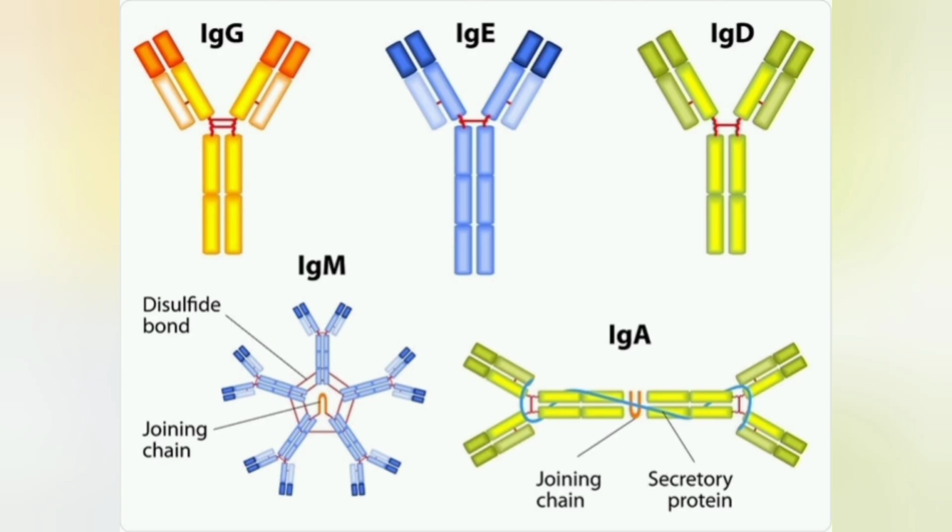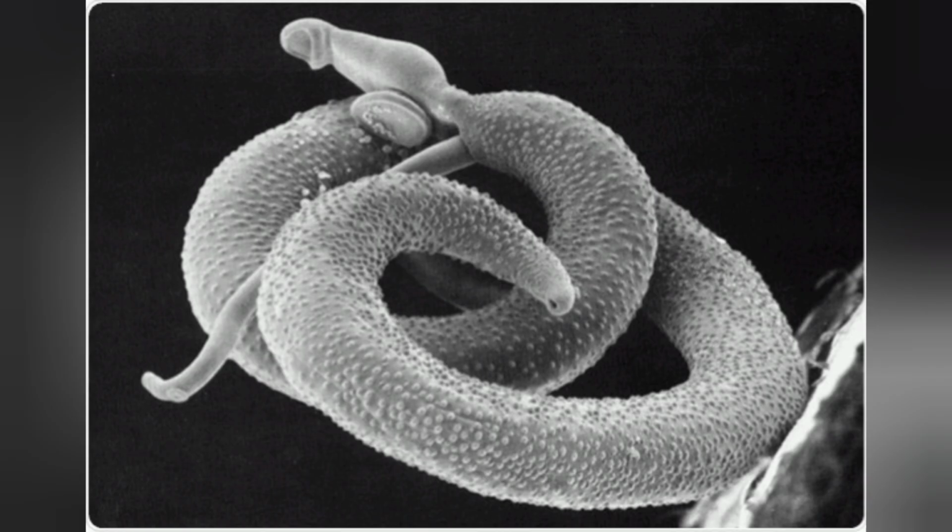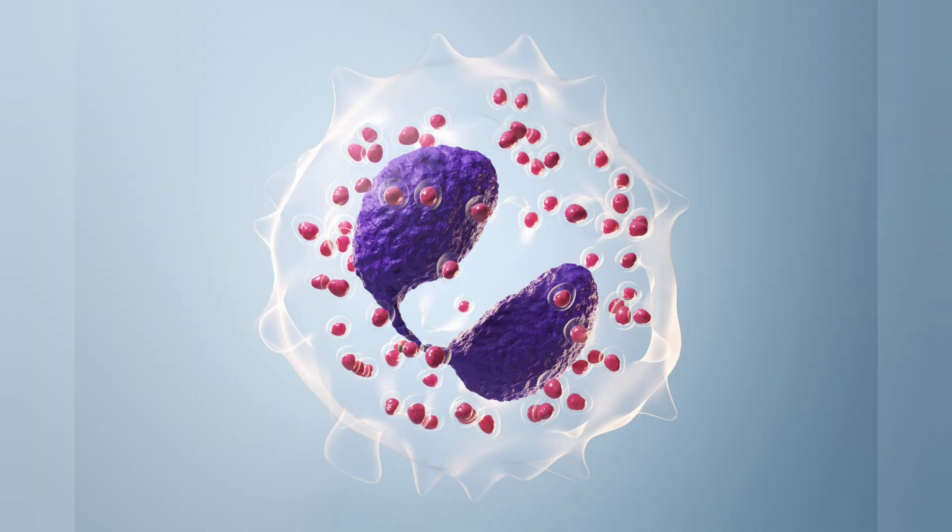The antibodies that are involved in this process include the IgG for the virus infected cells, and if the disease is caused by the helminths, otherwise known as worms, the antibodies that are involved in the killing of these worms are the IgE. IgE binds to the surface of the helminths, and the eosinophils are the cells that recognize that IgE bound to the surface of the helminth.